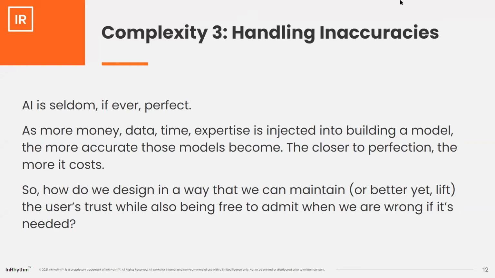And so really what you wind up getting is a limit of diminishing returns after a certain point. You're never going to have your AI be fully and completely perfect. So what this means is that there's always going to be a chance that a prediction will be wrong. And so it becomes really important to design while accounting for that when we're considering the user's trust.